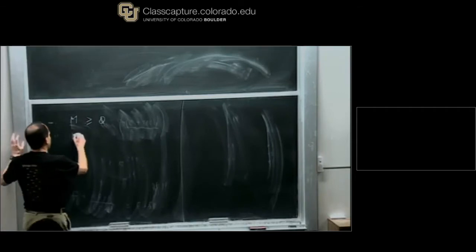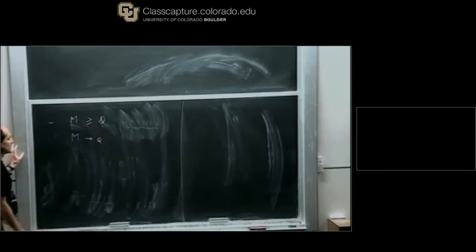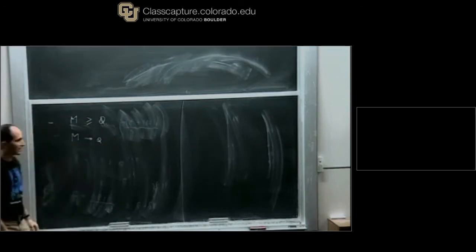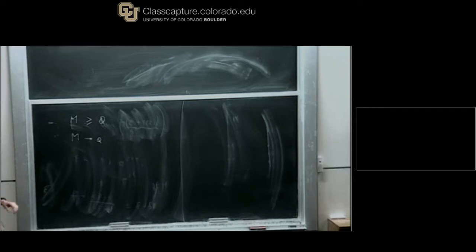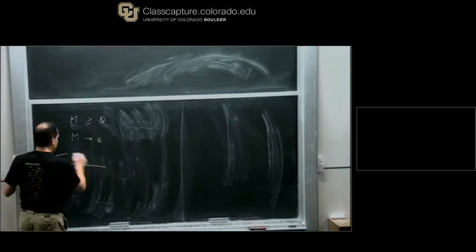Then you find also that when the mass goes to the charge, so you saturate this inequality, typically the geometry develops an AdS2 region. The Hawking temperature goes to 0. The geometry roughly looks like this.